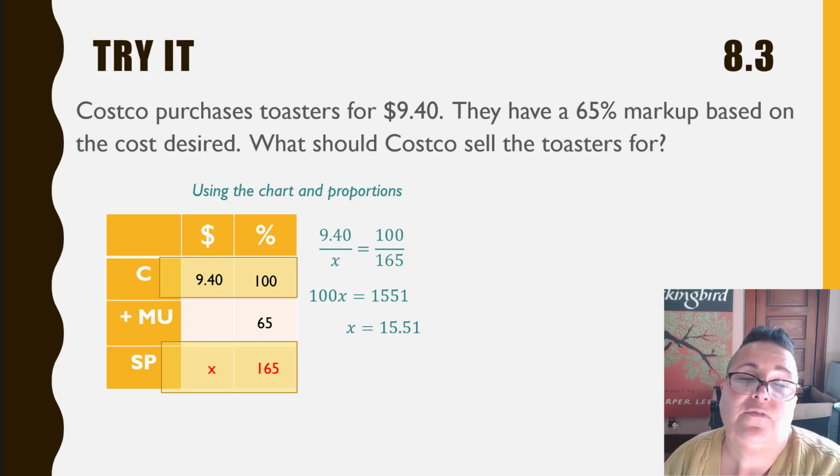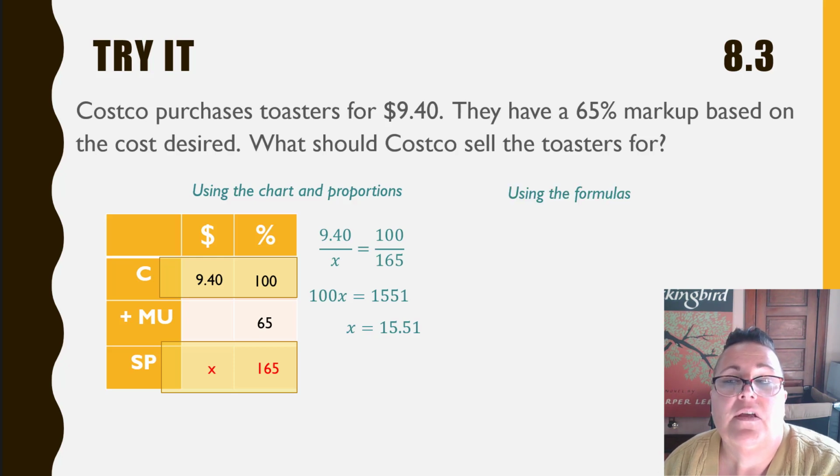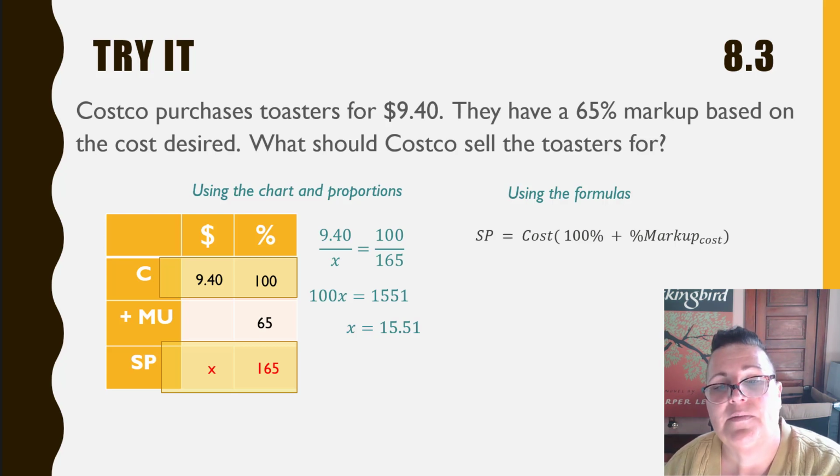Now, using the formulas, I want to see if I get the same answer. So using the formula we just saw, selling price is equal to cost times 100 plus the percent markup based on that cost. So we do know our cost is $9.40. We know our markup percent is 65.